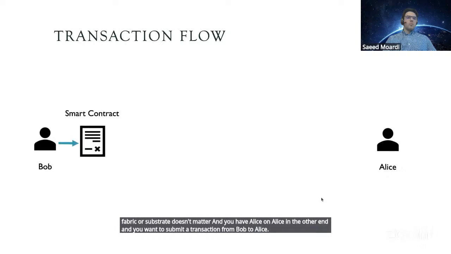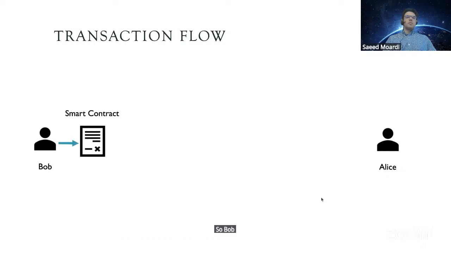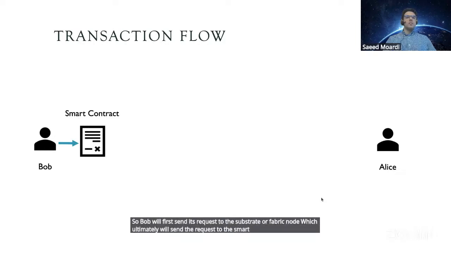Bob will first send its request to the Substrate or Fabric node, which ultimately will send the request to the smart contract that is installed on that specific network.